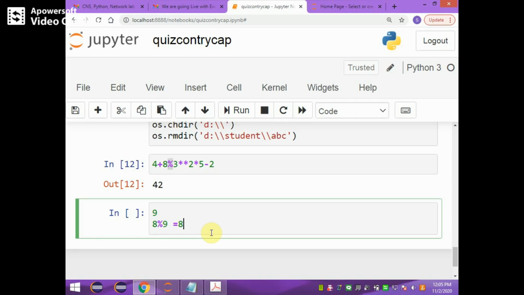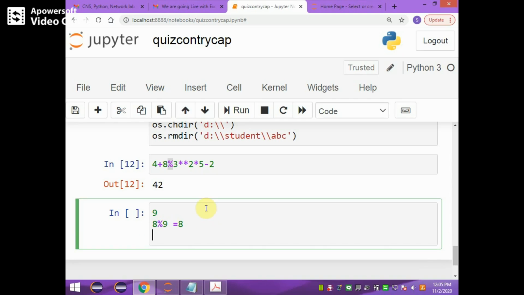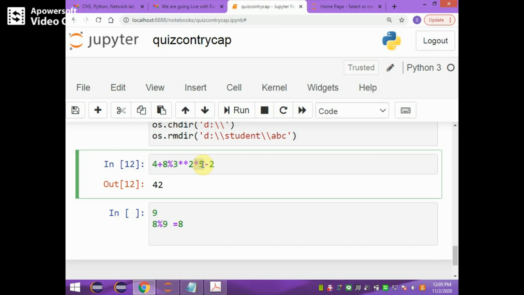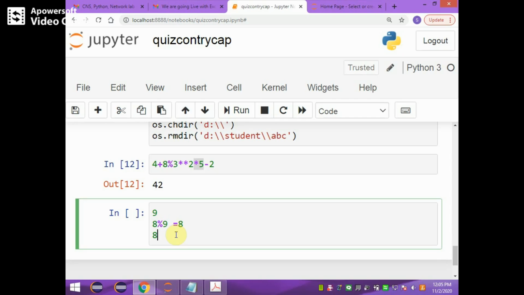Okay, next, according to the precedence of operators, in the third step, multiplication will be the next level of solution before the addition and subtraction. Now 8 into 5 will be executed, which gives the answer 40.